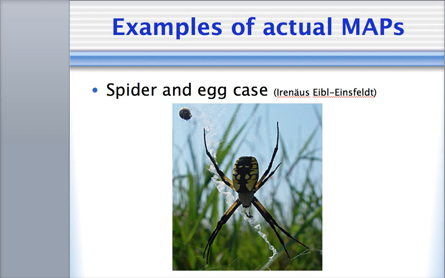And in one set of experiments, he removed the spider's silk organ, the organ that creates the silk. Then he allowed those spiders to recover, and they went into their breeding season. These female spiders would begin spinning their egg cases, but they didn't have any silk.